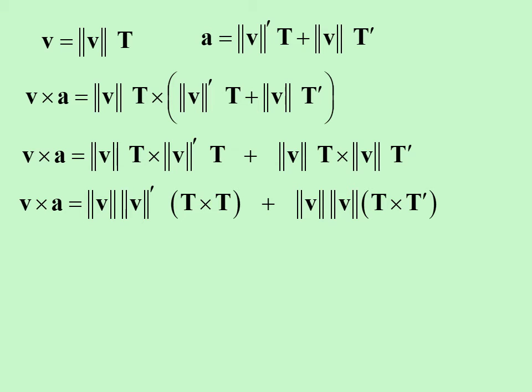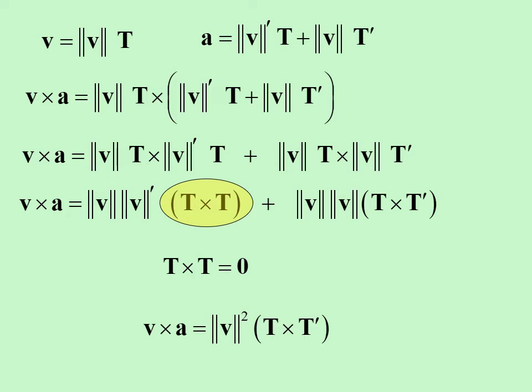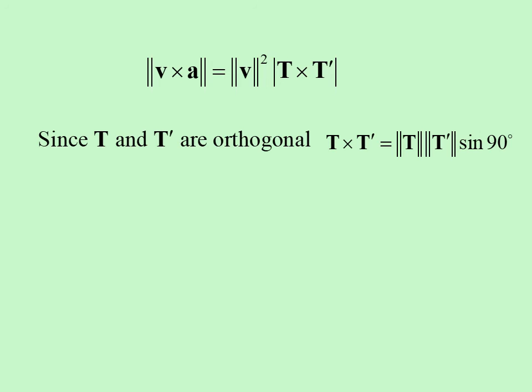And so look at this, the T cross T, we've done that before, is the 0 vector. So that's going to eliminate this entire term, and we're going to end up with just this. Now T and T prime are orthogonal, so the T cross T prime that we see here is the magnitude of T times the magnitude of T prime times the sine of 90 degrees, orthogonal.